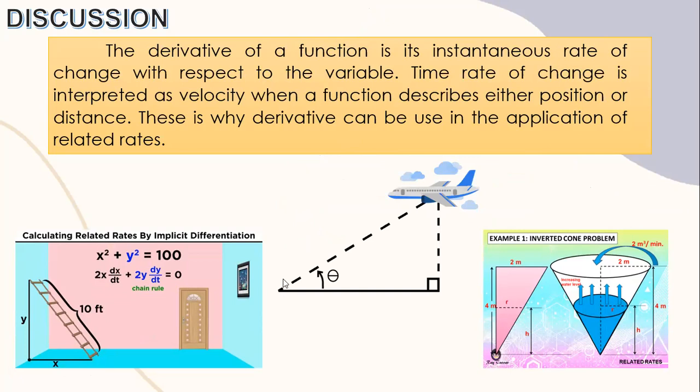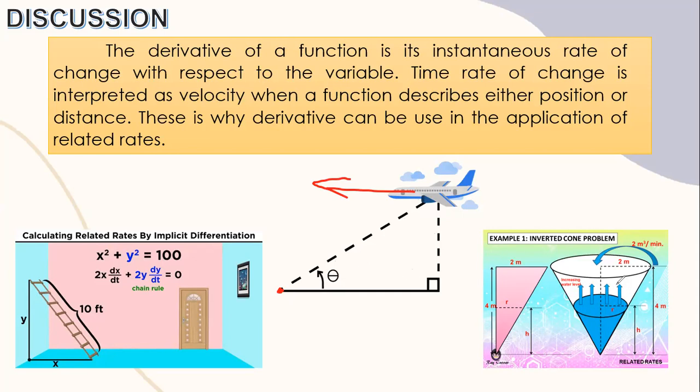So first, ayan, we have here the calculation of related rates by implicit differentiation. So gumagalaw yung hagdan, okay? Pwedeng pababa daw, unti-unting nalalaglag yung hagdan. Also, we have here the airplane. Tapos for example, nandito ka sa position na to. Okay, so nagbabago yung angle theta.